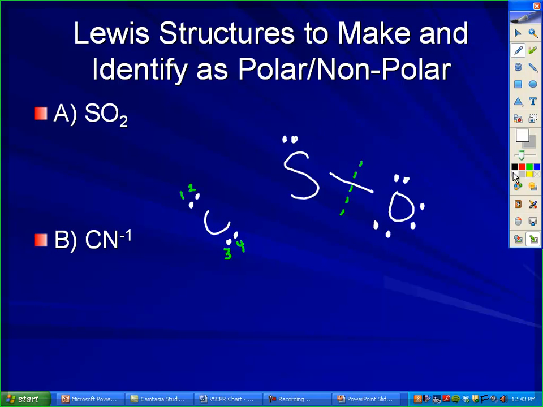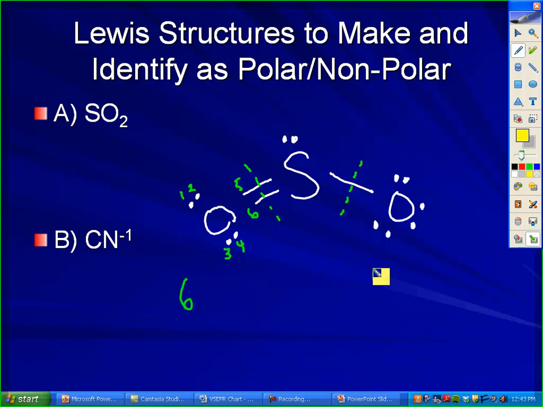Draw that back up there. So when we take this bond and we divide it in half, that's 4 electrons. So we're going to have 5, 6. So this oxygen has 6 electrons. Now we want to compare that to what we normally have. And oxygen has normally 6 valence electrons.